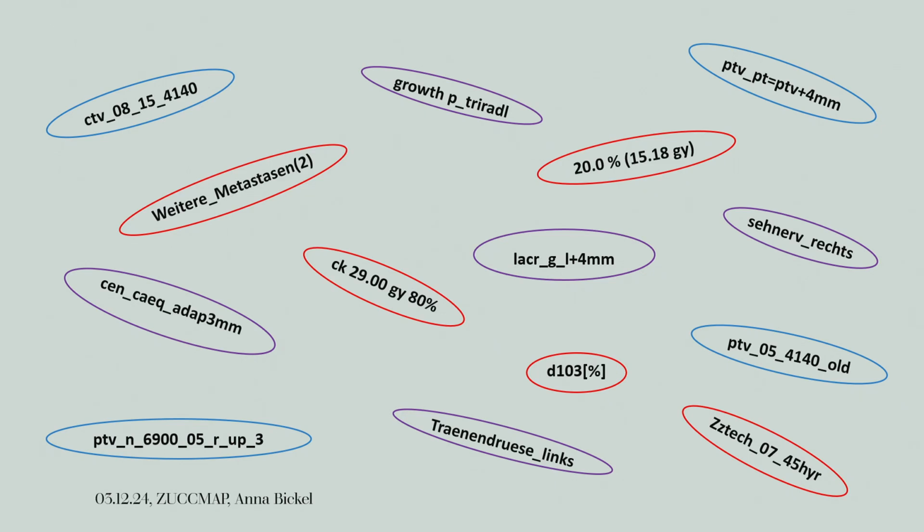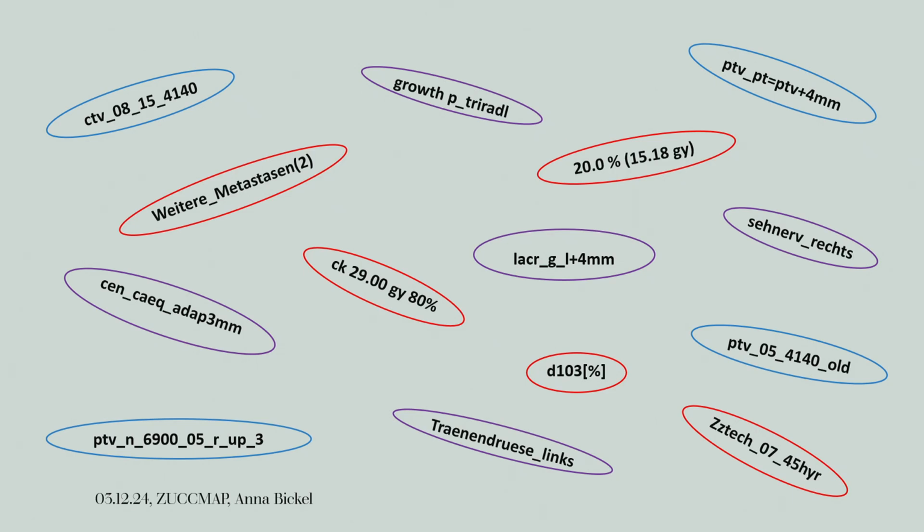And you might have already guessed, the blue ones are all target volumes. You might have recognized the PTV, CTV, the target volumes abbreviation. But even if we look at these strings, most of them you will ask yourself, what do all these numbers mean? These characters, what are they really labeling? It's already quite difficult to know.